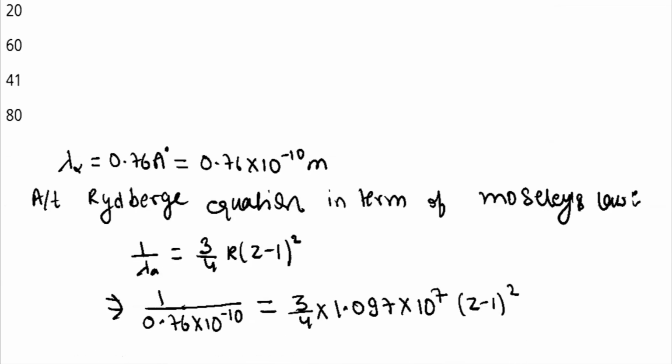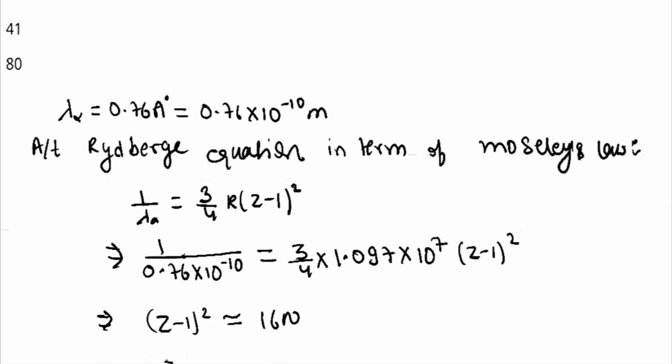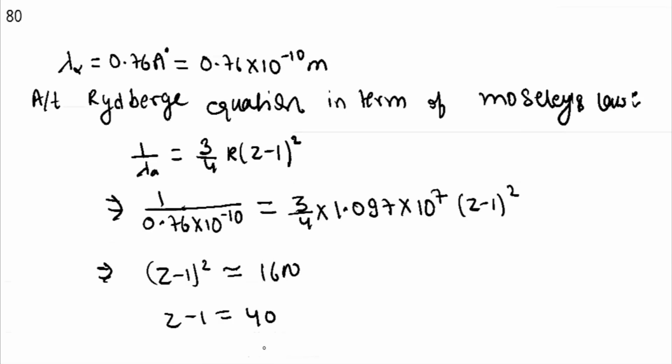For solving this, we get (Z minus 1) square is approximately equal to 1600. That means Z minus 1 is equal to 40. So Z is equal to 40 plus 1, which is 41.